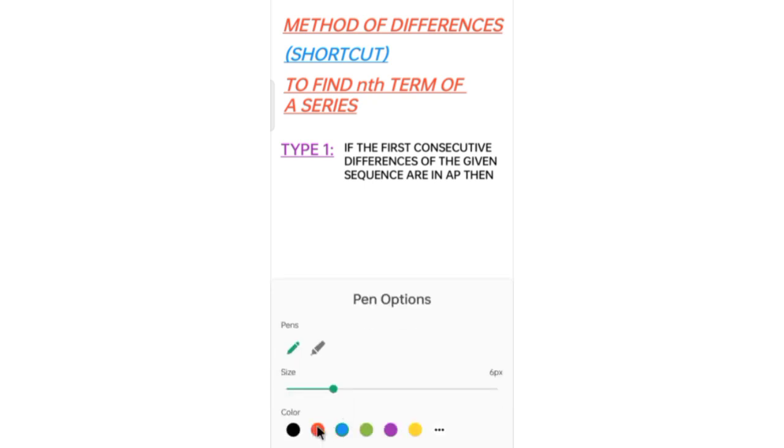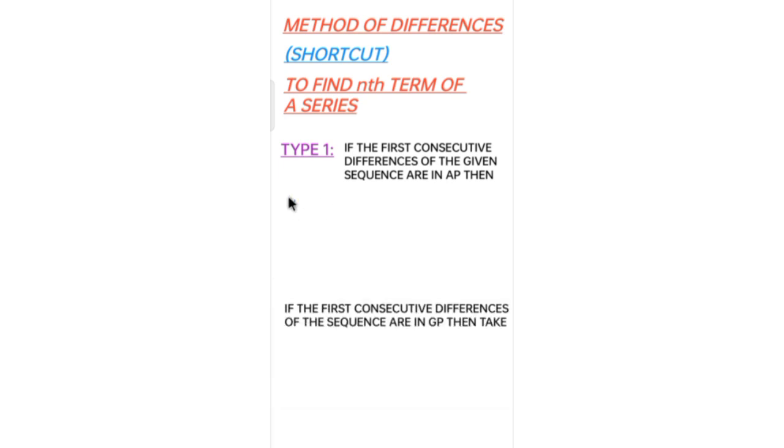So let me write that. Tn would be A into (n minus 1) into (n minus 2) plus B of (n minus 1) plus C. So how do you find the values?